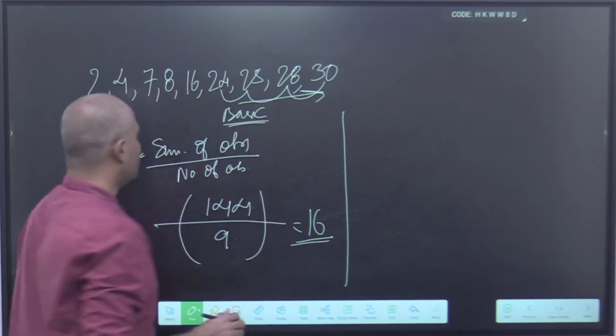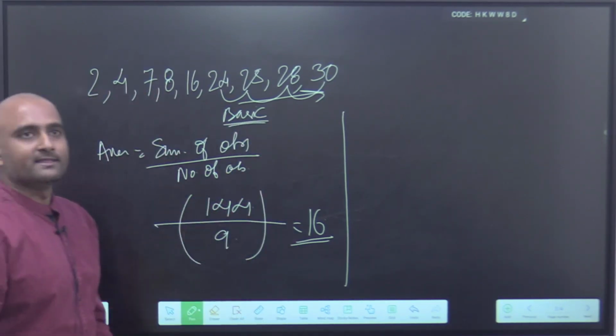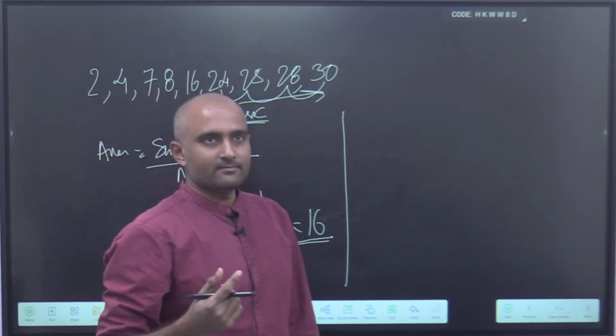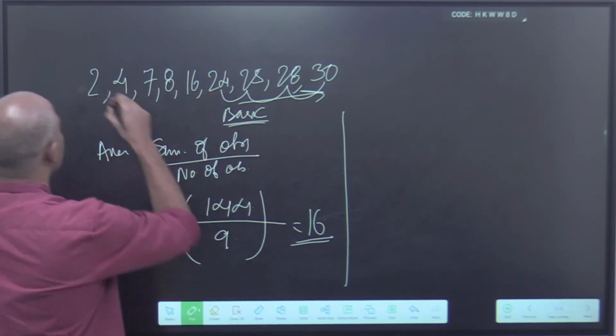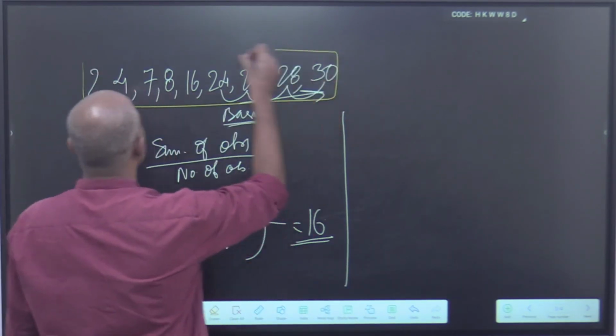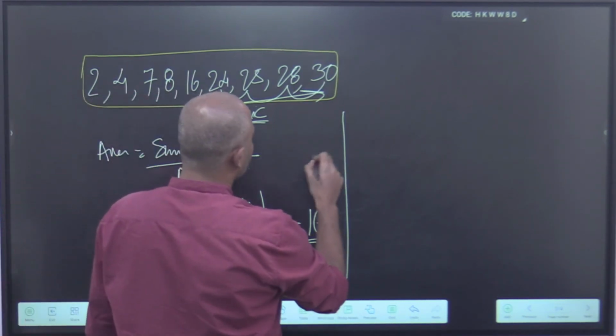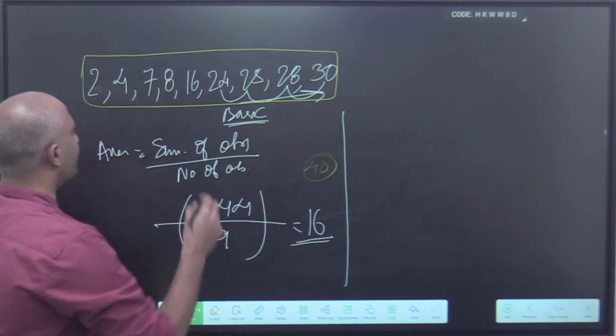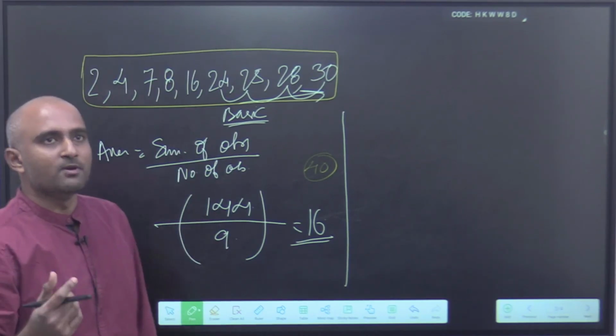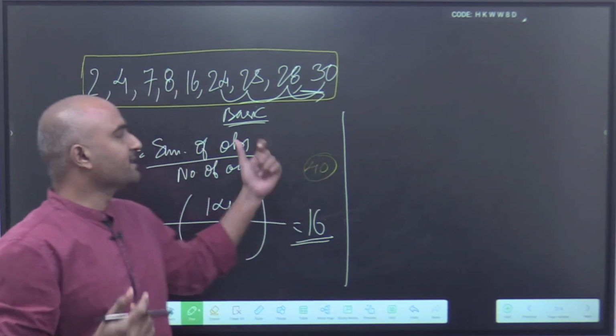Now if you keep on doing like this, because I am reasonably good at addition, I am able to do it in hardly 40 seconds. Some of you may take much more time, particularly those who are weak in calculations.